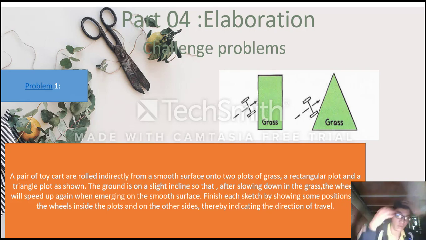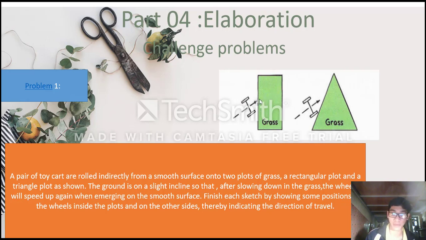A pair of toy cars are rolled indirectly from a smooth surface onto two plots of grass, the rectangular one here and the triangle one here. The ground is an incline. After slowing down in the grass, it doesn't move in a straight line.